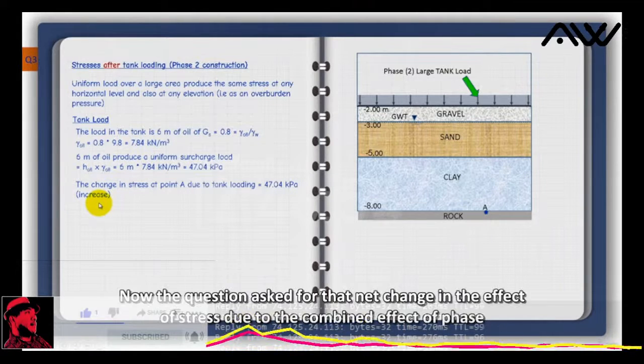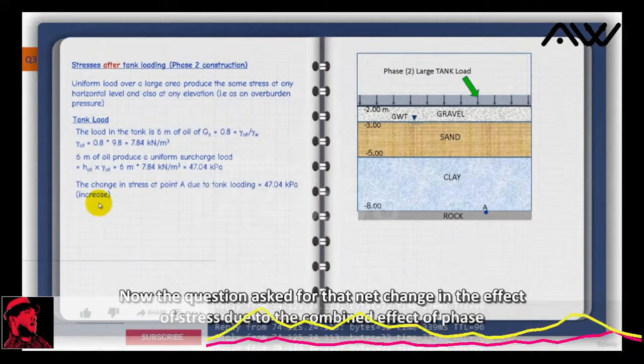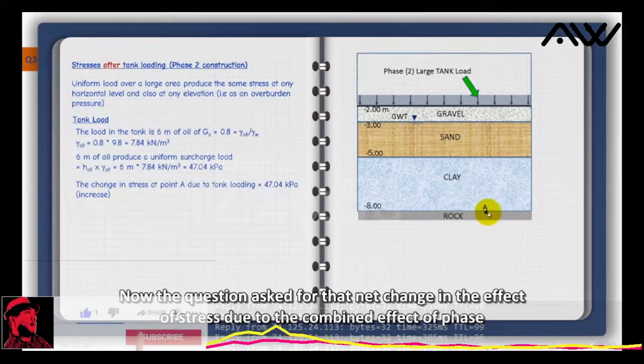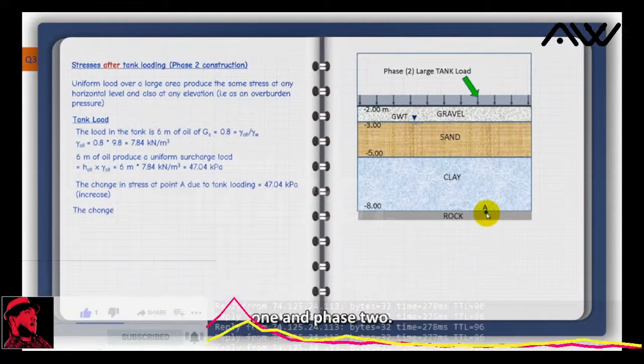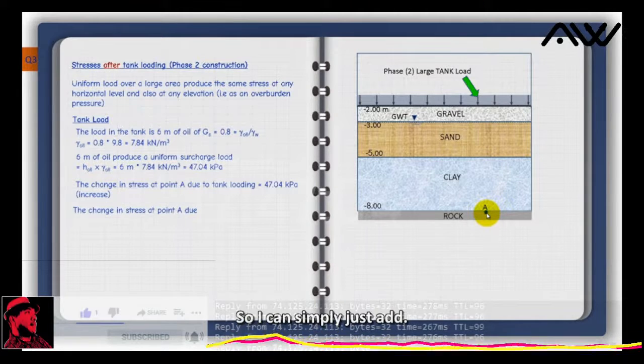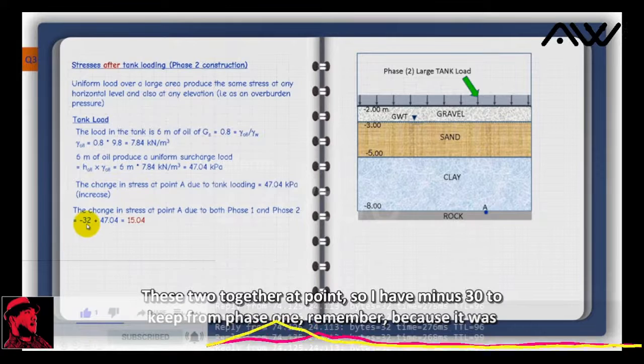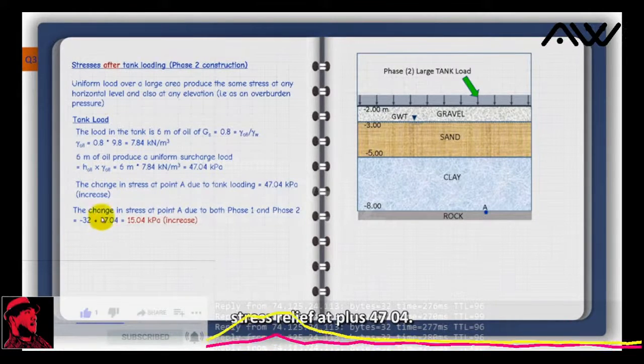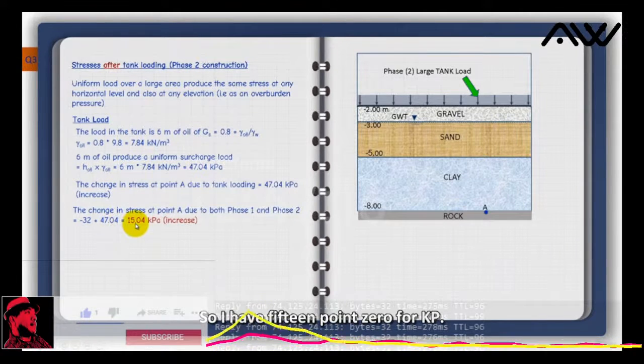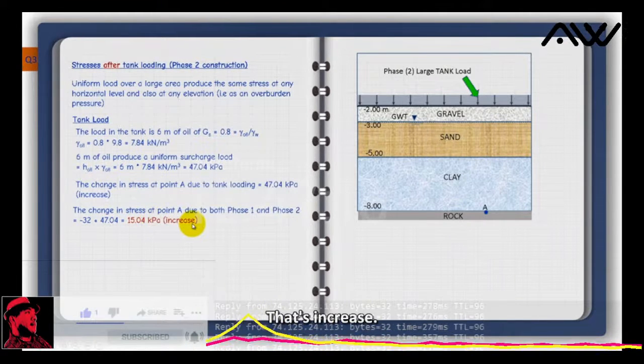Now the question asks for the net change in the effective stress due to the combined effect of phase 1 and phase 2. So I can simply add these two together at point A. So I have minus 32 kPa from phase 1, remember, because it was stress relief, plus 47.04. So I have 15.04 kPa, that's an increase.